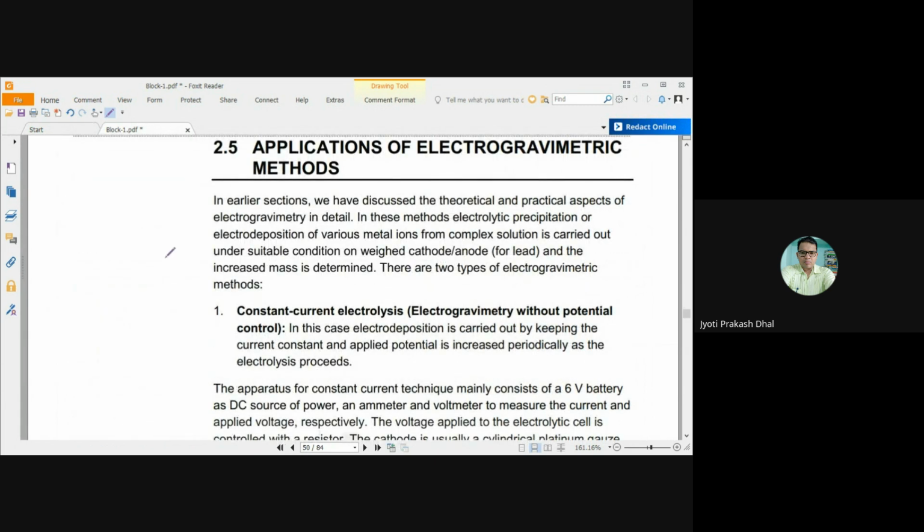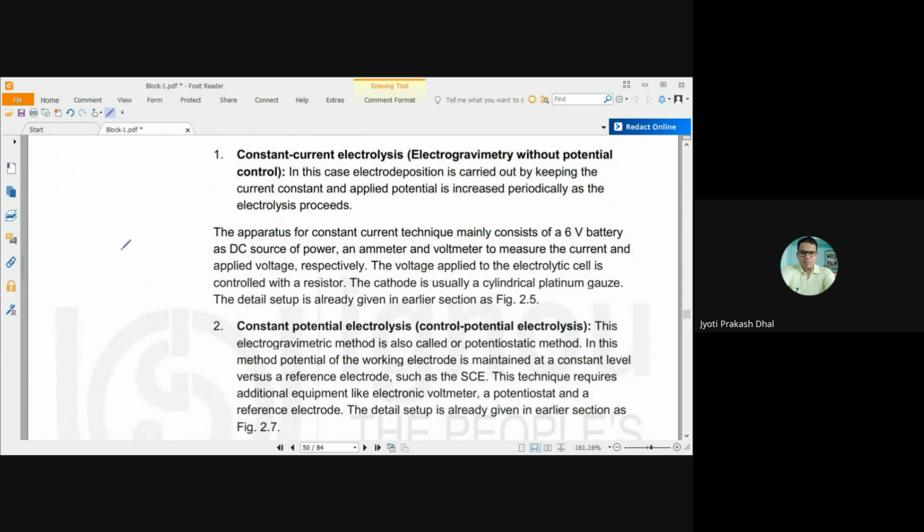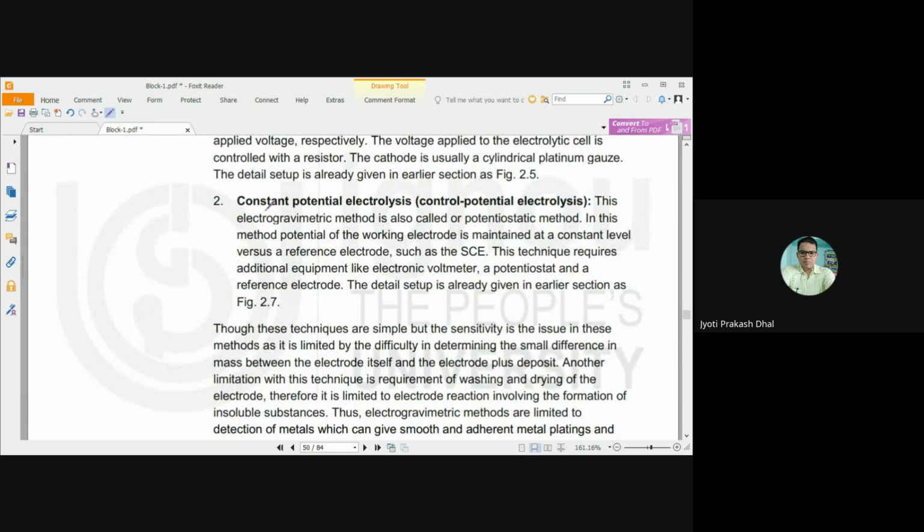Now coming to the applications of electrogravimetric methods, the first one is constant current electrolysis. In this case, the electrodeposition is carried out by keeping the current constant and the applied potential is increased periodically as the electrolysis proceeds. Similarly, another method is constant potential electrolysis.